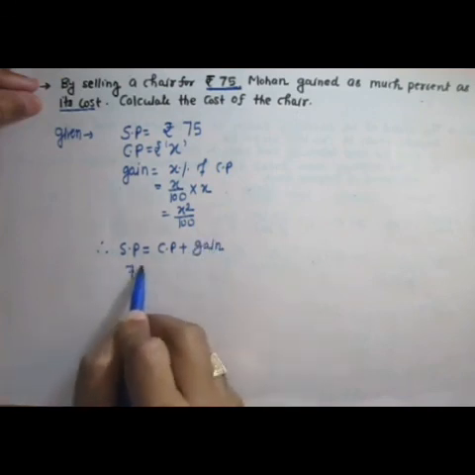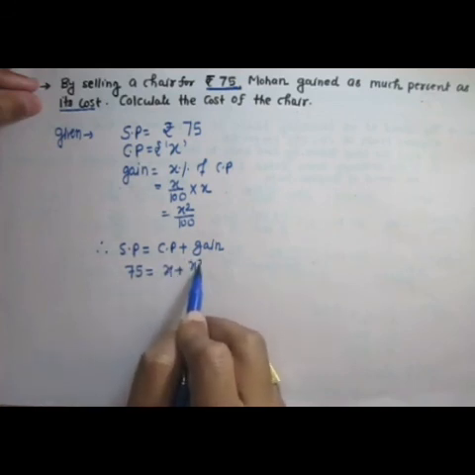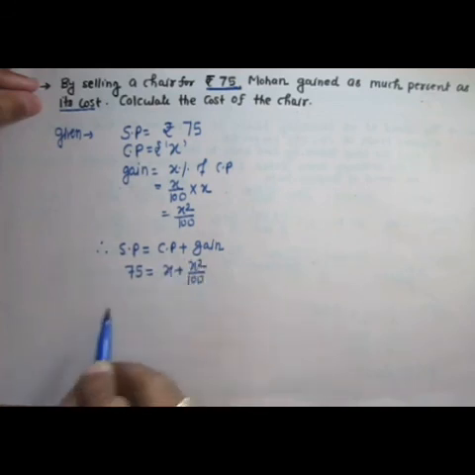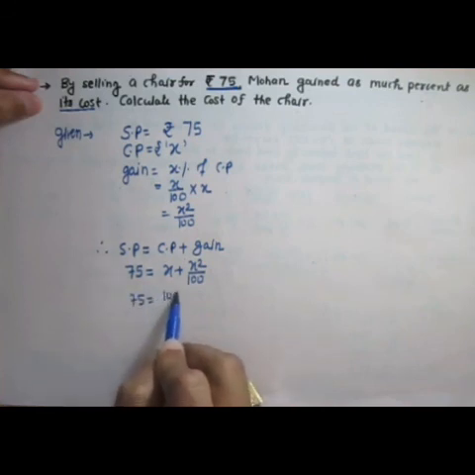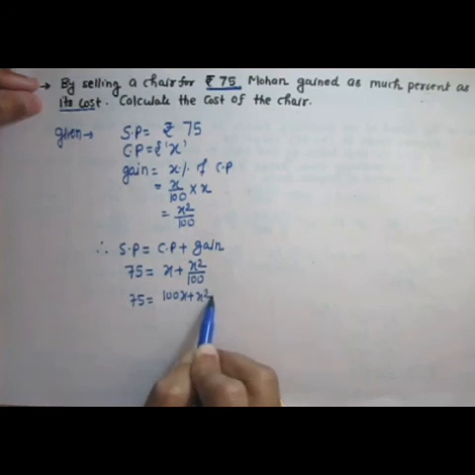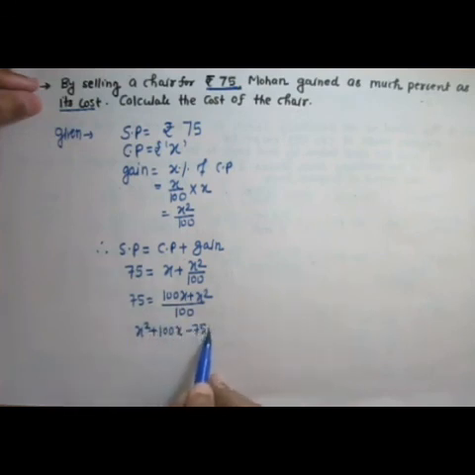So 75 must be equal to x plus x square by 100. So solve it. 75 is equal to (100x plus x square) by 100. So we are getting the equation x square plus 100x minus 7500 is equal to 0.